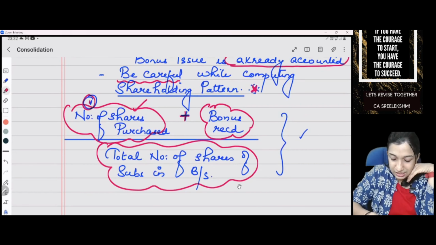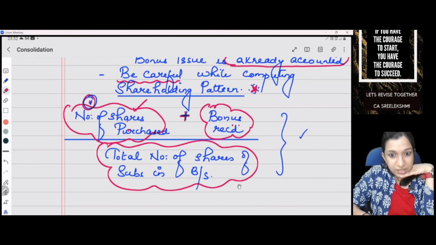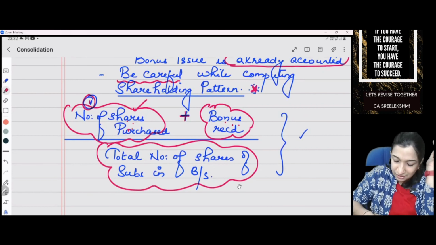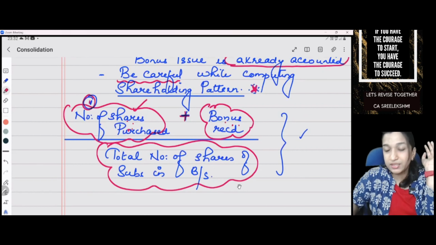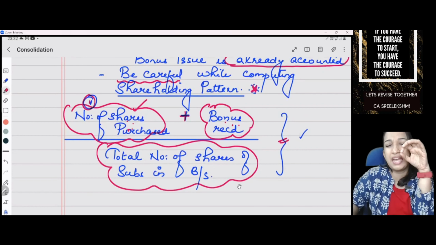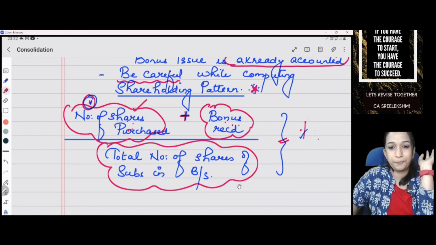So take number of shares purchased plus bonus shares received, divided by total number of shares, equal to the shareholding pattern.